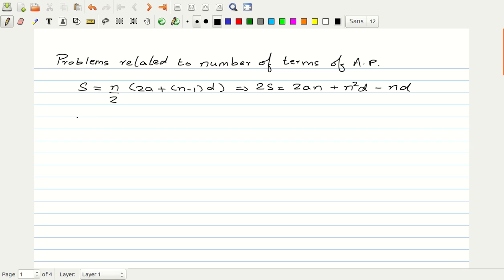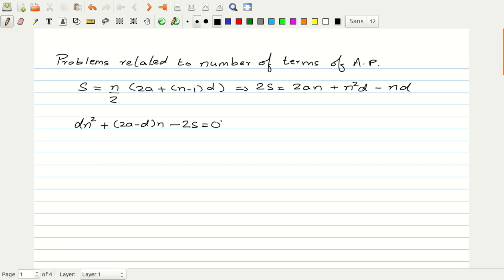So what it implies is that dn square plus (2a minus d) times n, which is 2an minus dn, minus 2S is equal to 0.